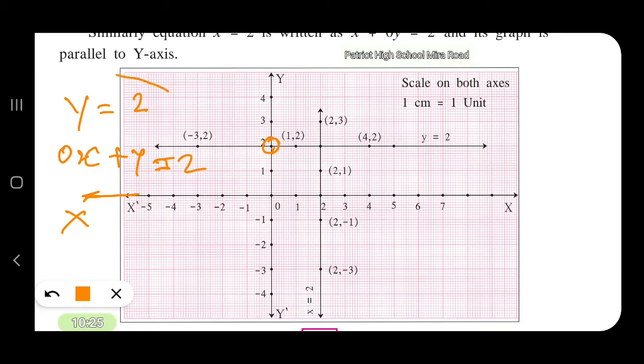Y is equal to 2, so this is the point, and the line should pass through it, and it has to be parallel to the x-axis. So these two lines are parallel to each other. This line is parallel to the x-axis. So the equation for this line is y is equal to 2.